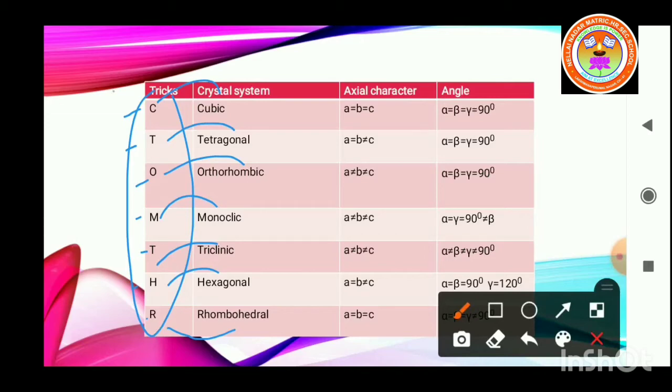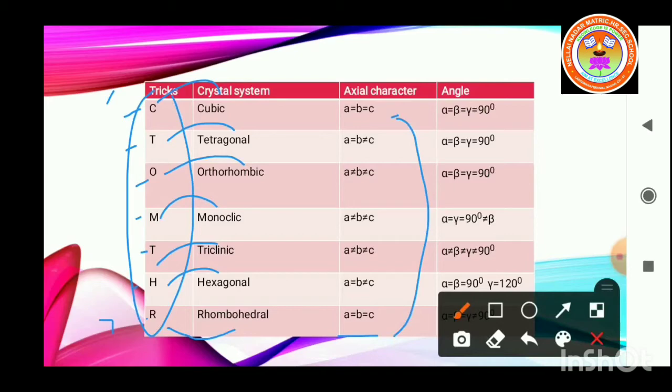The first and seventh crystal systems have similar axial character. What is that? Cubic, that is a equal to b equal to c. In the case of rhombohedral, see here what is the axial character. Here also a equal to b equal to c. So first and seventh are the same.